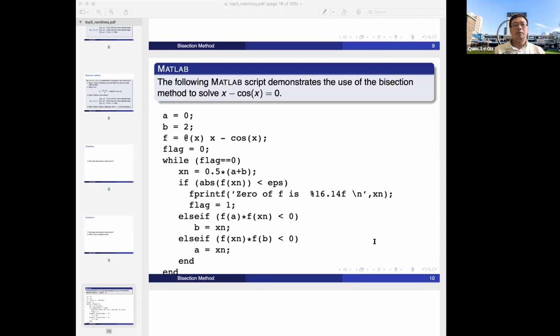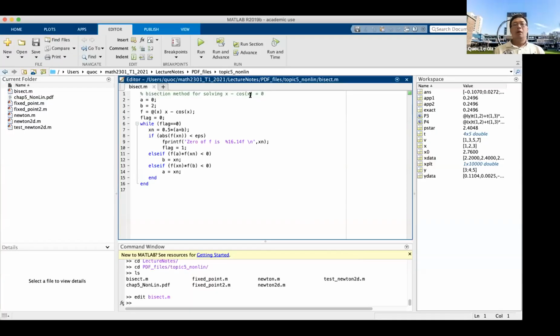So now let me share my screen, my MATLAB screen. Okay, so you can see that, so this is exactly the script, yeah. So we have f defined here, and then xn is the midpoint here, and then you just run it. You hit the button and you run it.